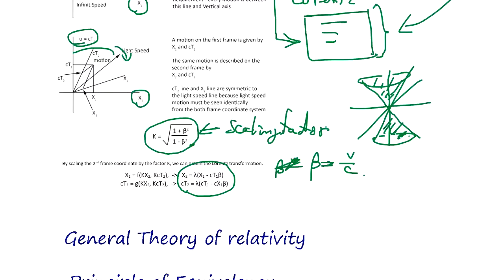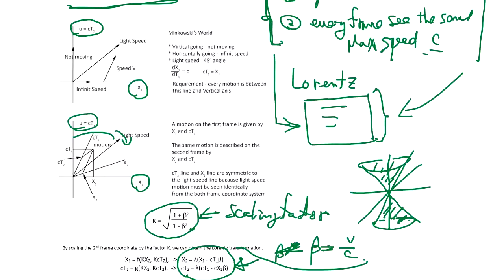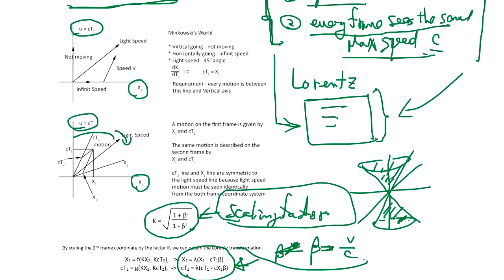Okay, so this basic relativity equation comes purely from the requirement that there is a maximum speed and every frame sees the same maximum speed, plus the scaling factor. That's all he needed to derive this equation.